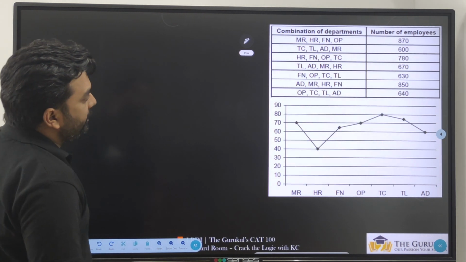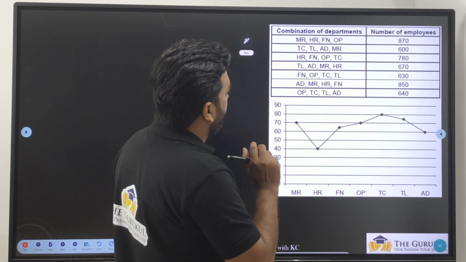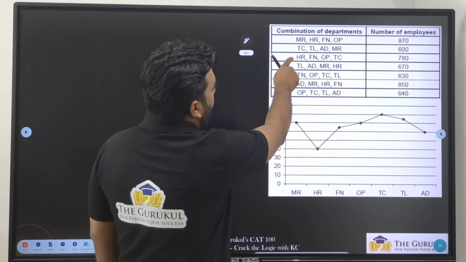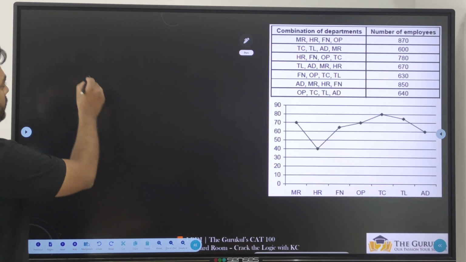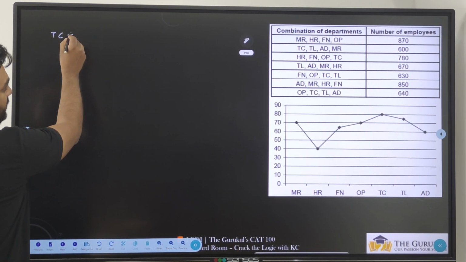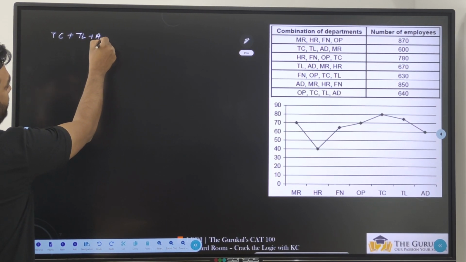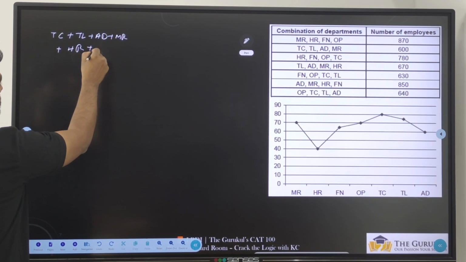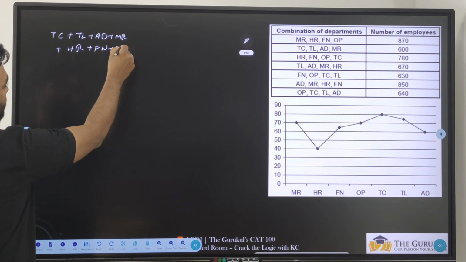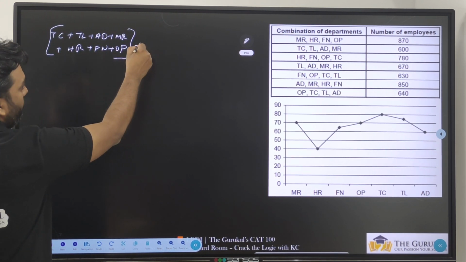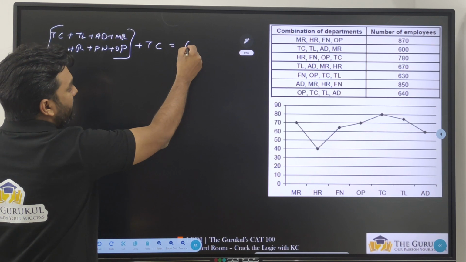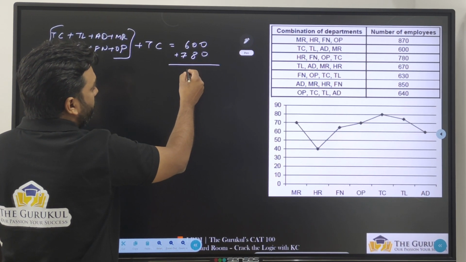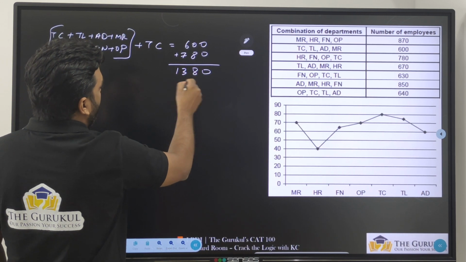Let us see one more value. There should be only one common value, then we can take it. Can I take second one and third one? If you take second one and third one, TC is common. So let us write again. TC plus TL plus AD plus MR plus HR plus FN plus OP, this total value plus TC is equal to 600 plus 780, which should be equal to, perfect, 1380.